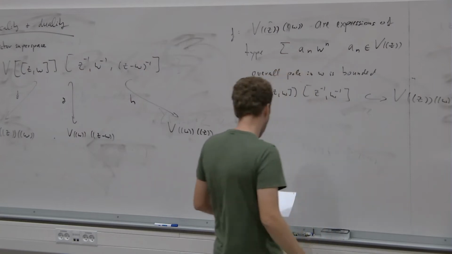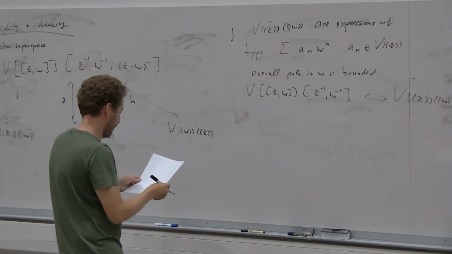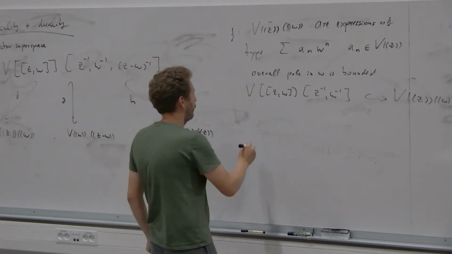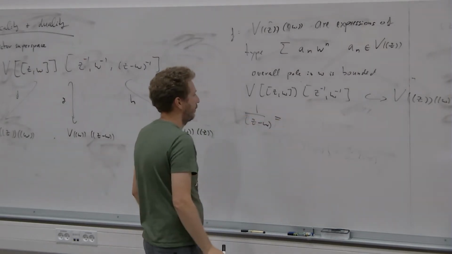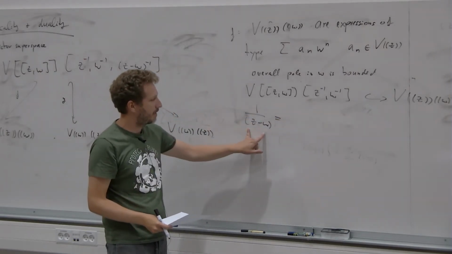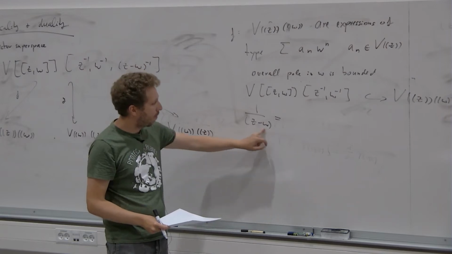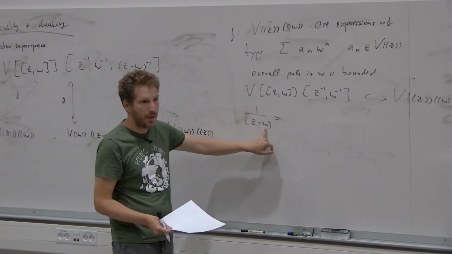Now what do we have to do for powers of Z minus W inverse? Well, we have to expand it in such a way that the pole order of W remains bounded.